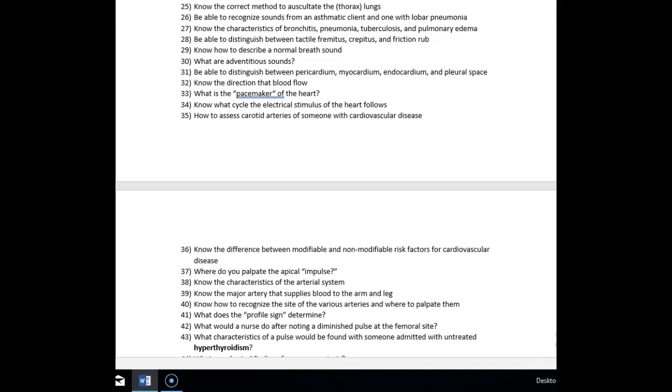Be able to recognize sounds that come from somebody who may potentially be asthmatic.